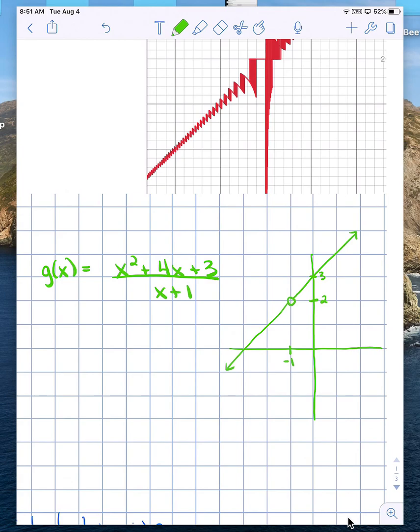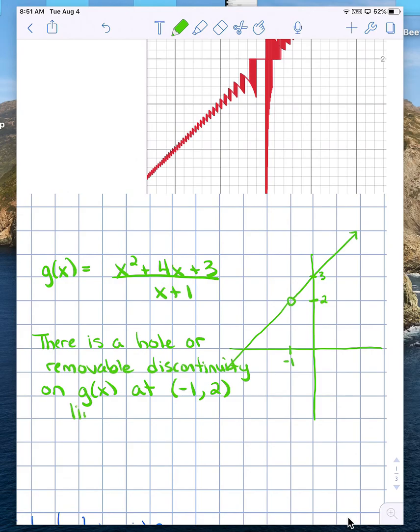We learned that there is a hole, or removable discontinuity, on g of x at -1, 2.